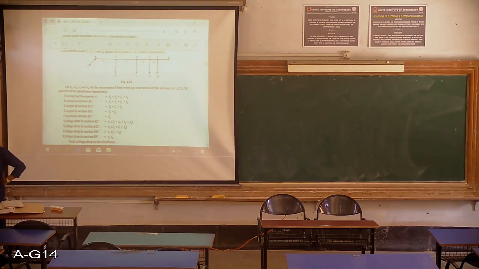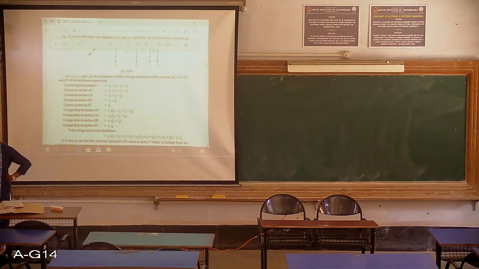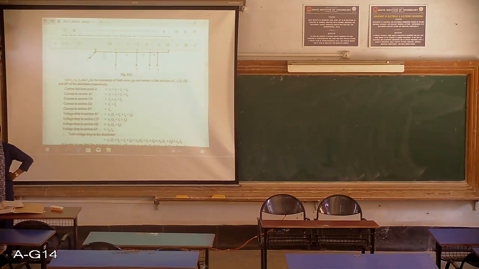Now what are the voltage drops? Very simple calculations. In AC the resistance is indicated as R1, so R1 into whatever current you have in AC, then R2 into the current in CD, R3 into the current in DE, and R4 into the current in EF.